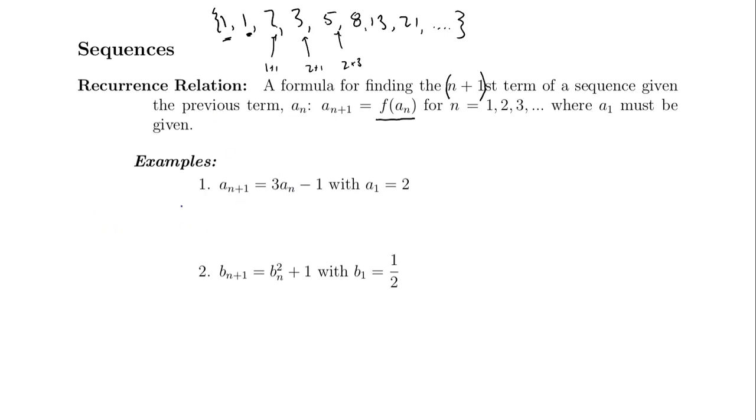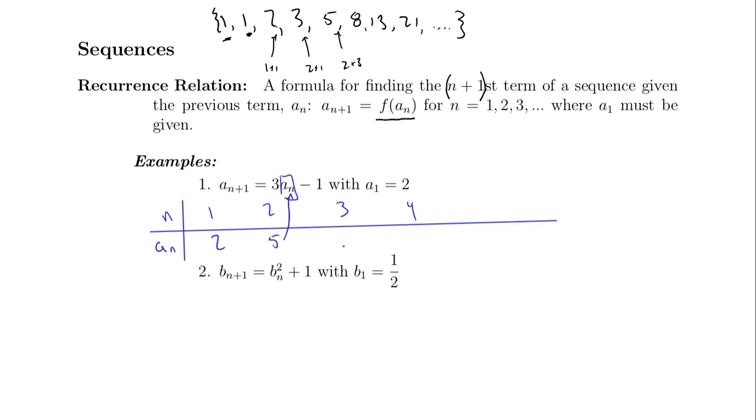And so with something like this, I'll draw my same sort of table of values. We won't plot these. You could, but we won't. And I'll say, all right, here's n. But this part you're going to find out is less important, because what we're really going to care about is what these terms are. Now, we're told that a sub 1 is 2. But then after that, we've got 3 times 2 minus 1, so that's going to be 5. And now we're going to be putting this in here for a sub n to find our next one.